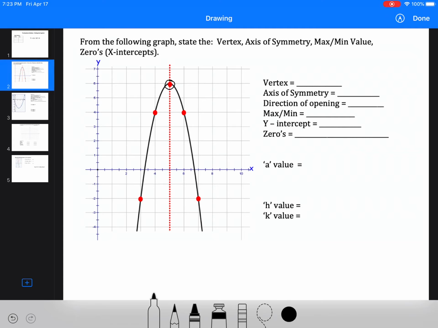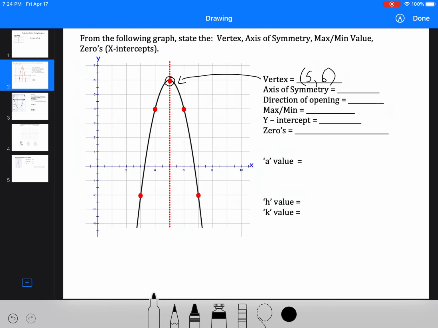Okay, so looking at this next graph, our vertex is right here. It's always the turning point. So right in the middle of the graph is the vertex. And the vertex in this case is 5 on the x and 6. The axis of symmetry is that dotted red line. That is going to be x equals 5.